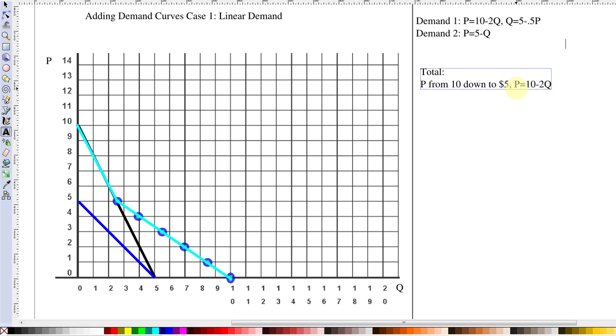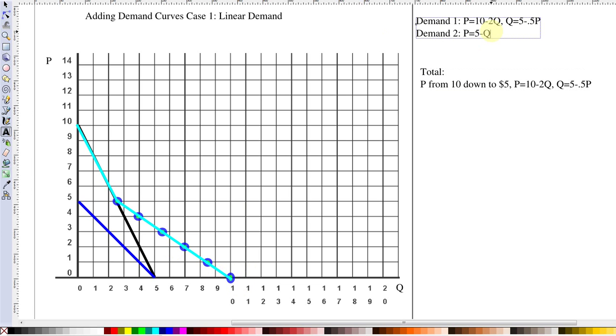So if your textbook prefers you to use the demand function with a Q as a function of P, then you could say the same thing there. It's going to be Q equals 5 minus 0.5 P. But then we need another equation to describe what's happening down here.